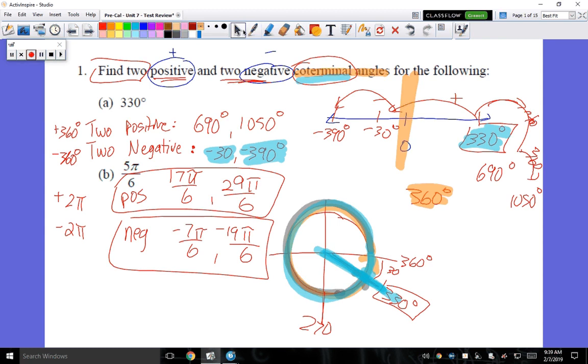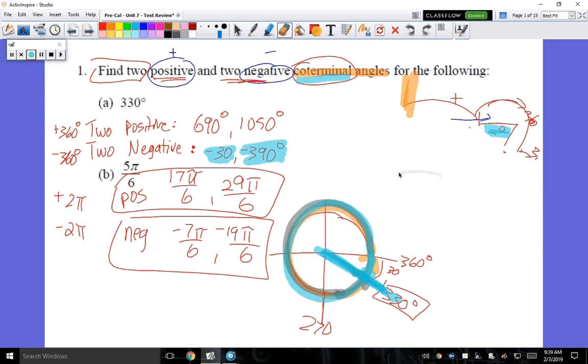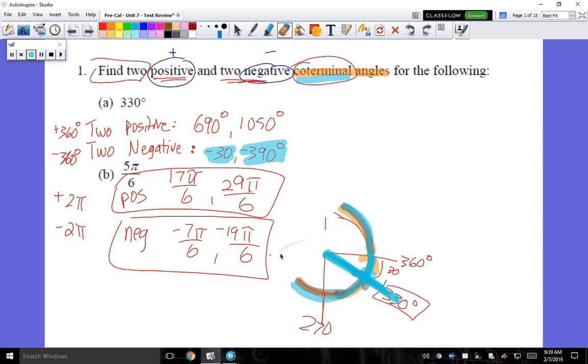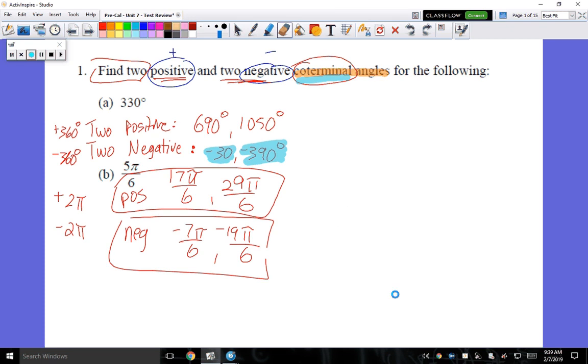Now, we will look at what we were just doing with the calculator, and I'm reminding you right now that we will do these without a calculator. We need to work with our fractions, especially with the radian forms. So over here with the 330, that's pretty basic, because you're just going to add increments of 360 in order to get the 690.